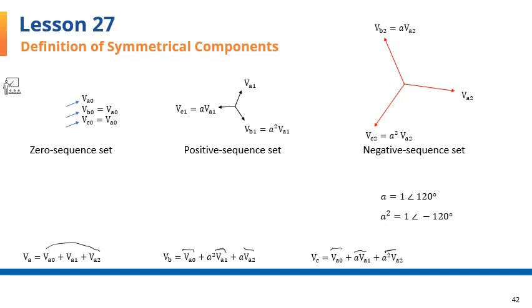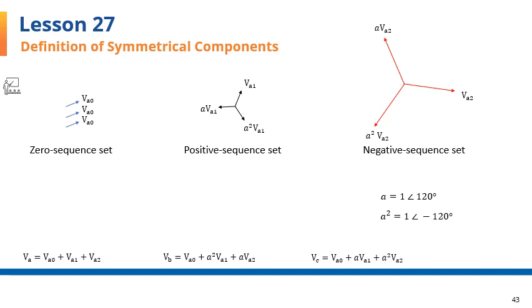In this way, we do not need the B and C indices in the equations or the sequence sets. Everything is now expressed in terms of those three, VA0, VA1, and VA2. So I'm showing that on the next slide.